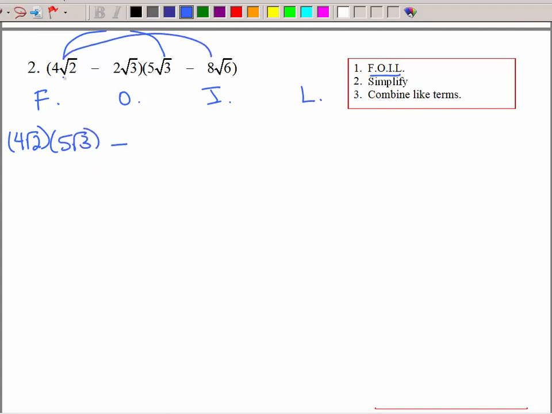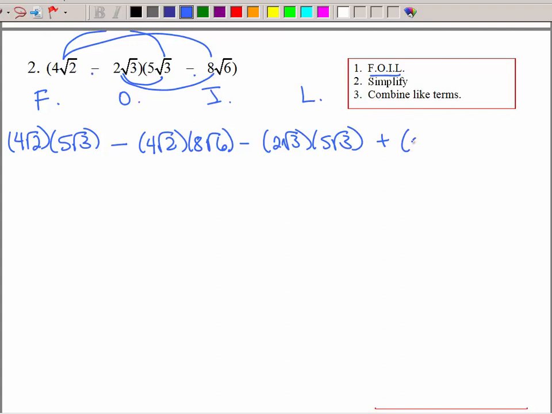Those two, that's going to be minus because I have a positive times a negative: 4 square root of 2 times 8 square root of 6. Then those two, again, that's minus 2 square root of 3 times 5 square root of 3. And a negative times a negative, that's going to give me positive 2 square root of 3 times 8 square root of 6.